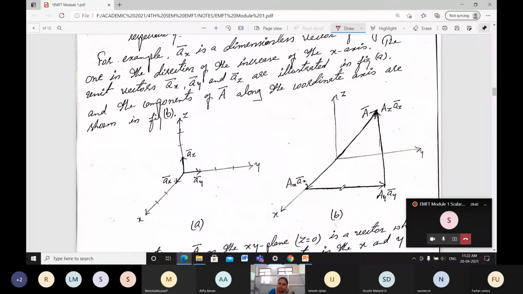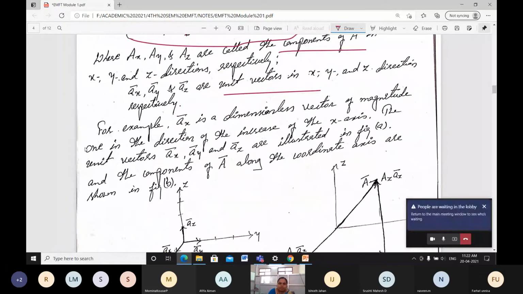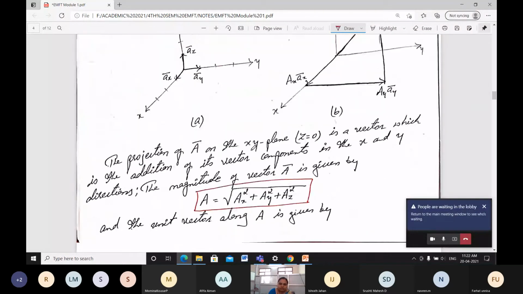It is just a small example of how we represent the Cartesian, rectangular system.